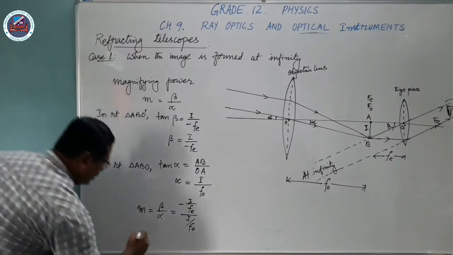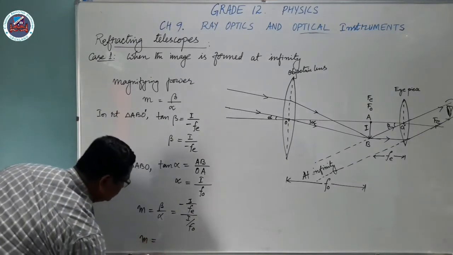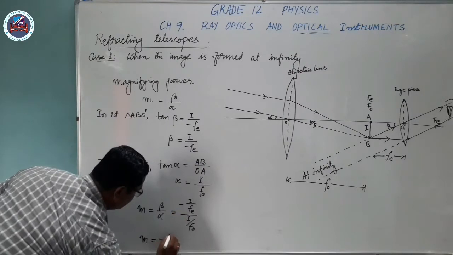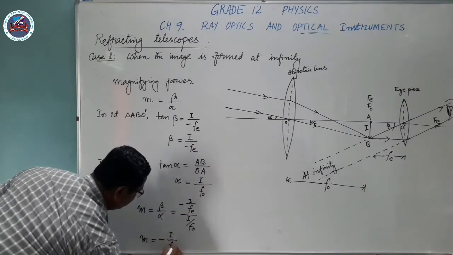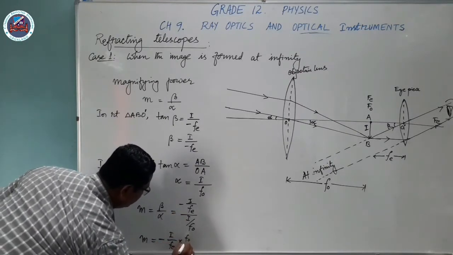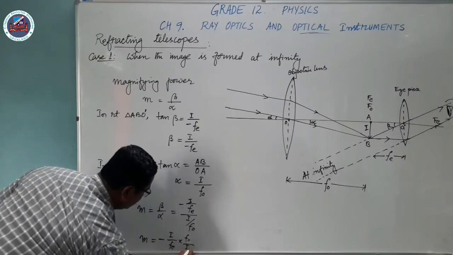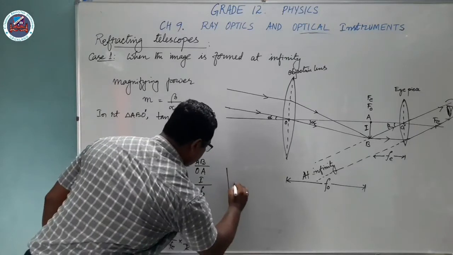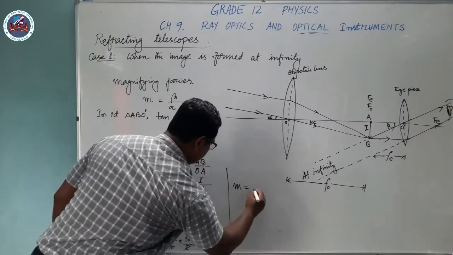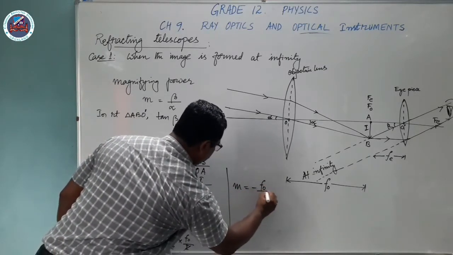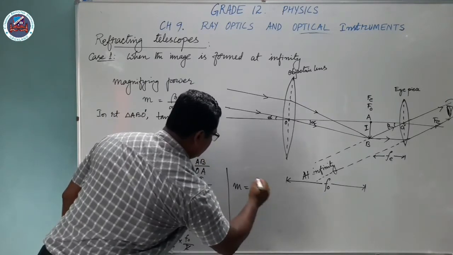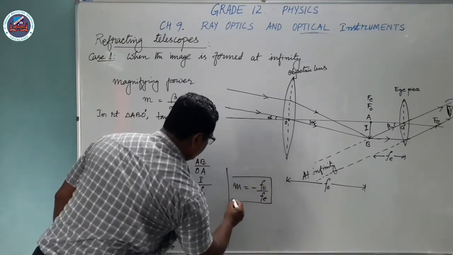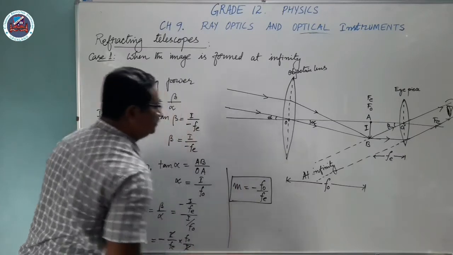So ultimately magnification M is equal to minus I by Fe into FO by I. This I you can cancel out, and you get the ultimate expression: magnification is equal to minus FO by Fe when the image is formed at infinity.